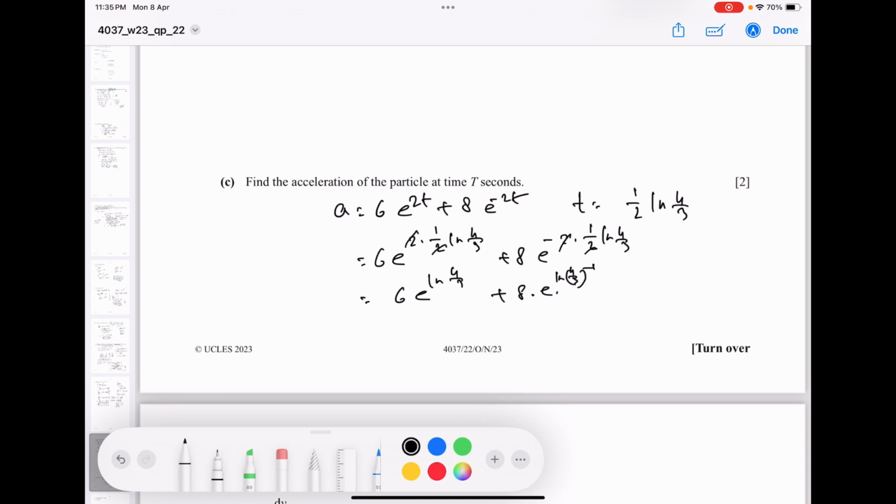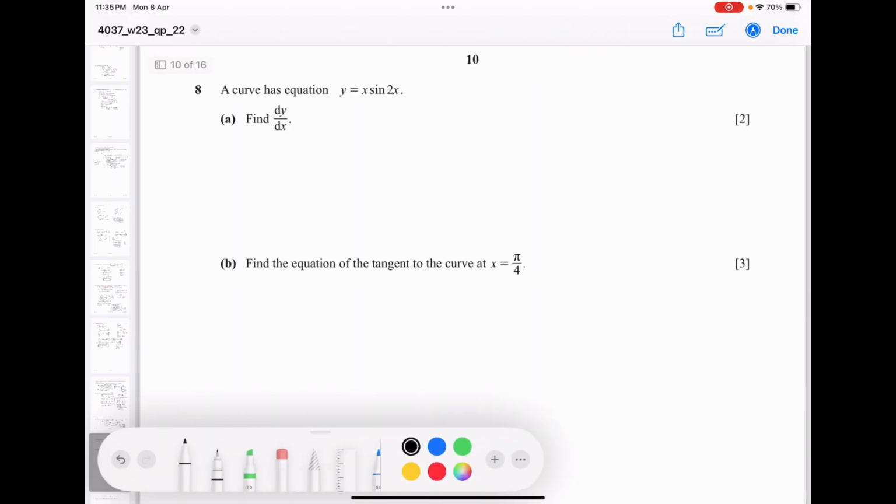So this cancelled, so 6 times 4/3 plus 8 times 4/3 to the power minus 1. If you have confusion, you can use a calculator, so you can write 3 by 4. 4 to the 8 and 3 to the 6. So 8, 6, 14.